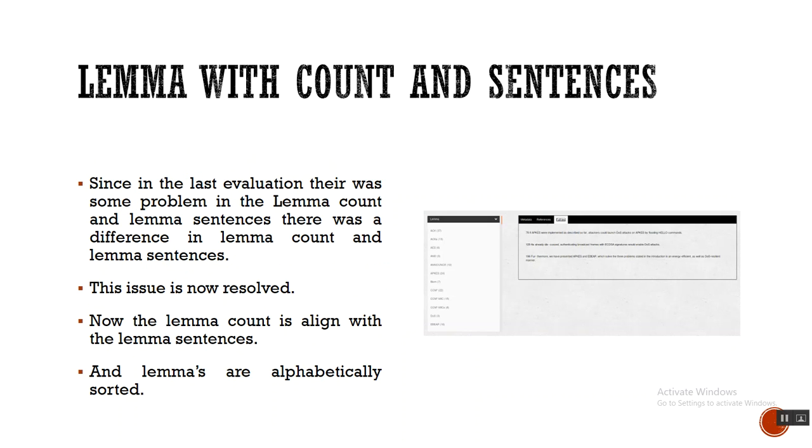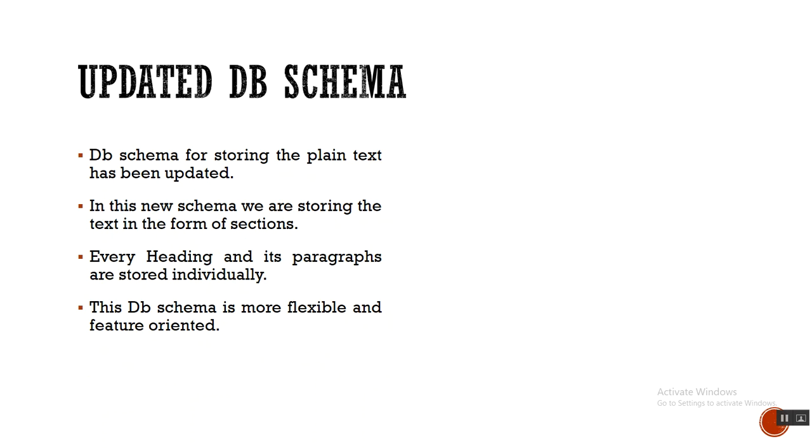The second issue was the lemma count with the sentences. We were facing an issue that there was a difference between the lemma count in the research paper and the sentences. So we have resolved that issue and displayed the lemmas with their count and the sentences which contain those lemmas on the web.